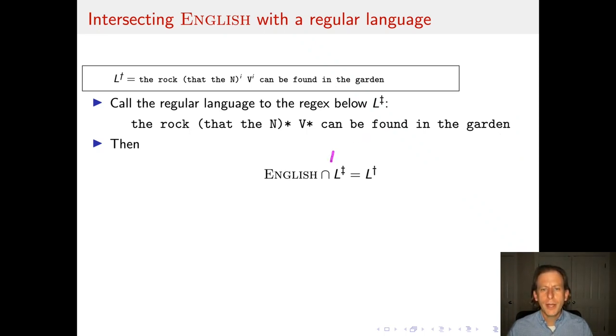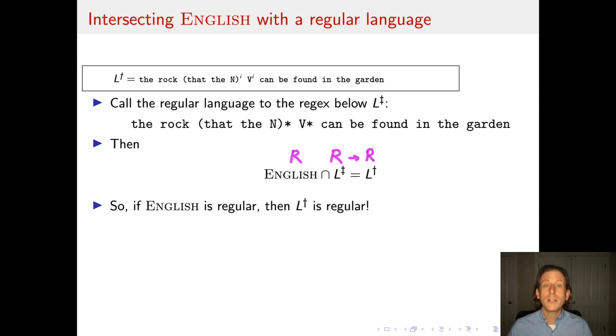So remember that English, and we don't know the status of English, we know that L double dagger is regular. We can see that because there's a regular expression that defines it. Okay, so if it is the case that English is regular, then that implies that L dagger must be regular. So that is one thing we can use. We're going to be interested in the contrapositive. So we know that once again that L double dagger is regular.